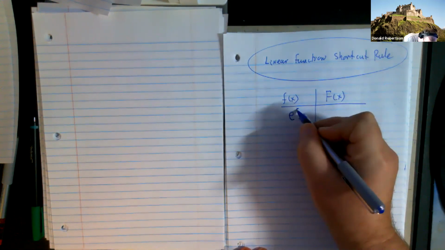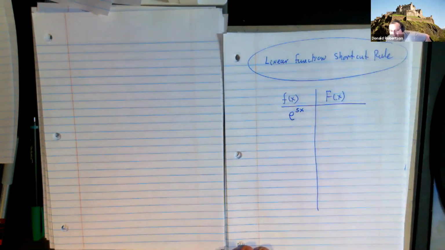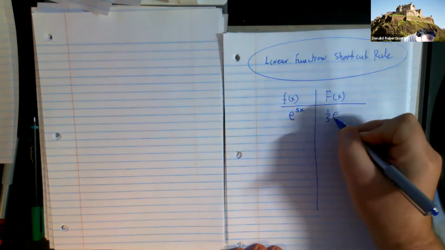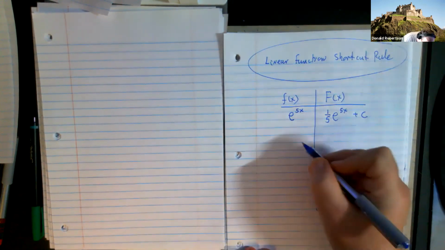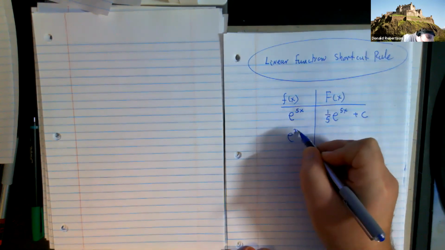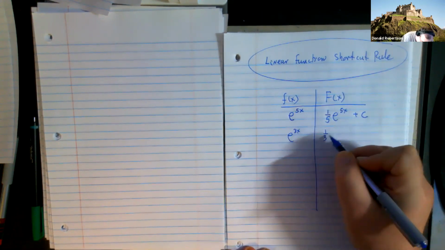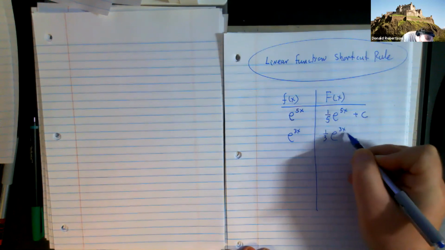And I want you to see if you can come up with what the shortcut is. If you have to integrate e to the 5x, you can do it with a u sub. If you do it with a u sub, the answer ends up being that. If you do e to the 3x, the answer ends up being that.